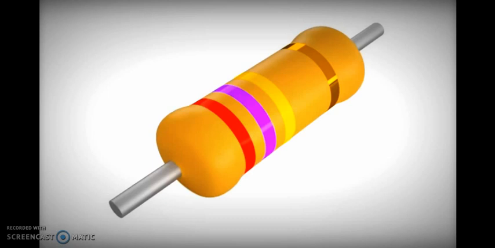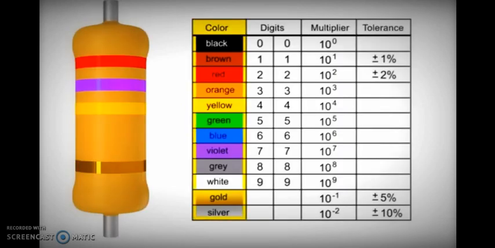Memorizing this color chart will enable you to become proficient and quickly decode any resistance value. In a 4-band resistor, the first 2 bands represent the digits or significant value, the 3rd band indicates the multiplier, and the 4th band indicates the tolerance.